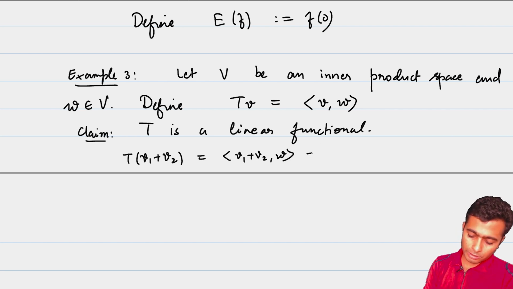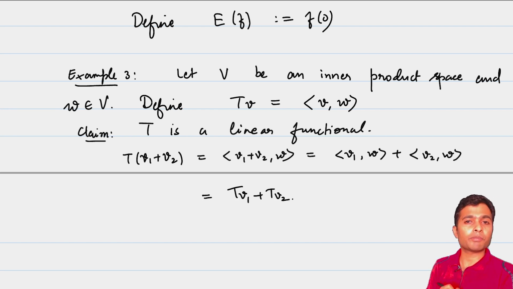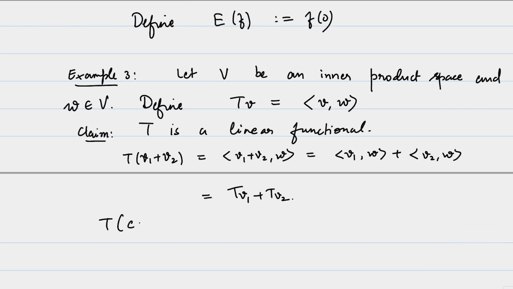But by linearity of the inner product, this is the inner product of v1 with w plus the inner product of v2 with w. But that is precisely T of v1 plus T of v2. So the additive property easily gets satisfied. This is for all v1, v2 in V.